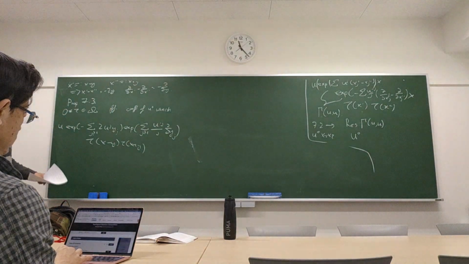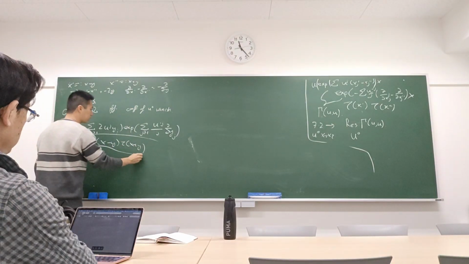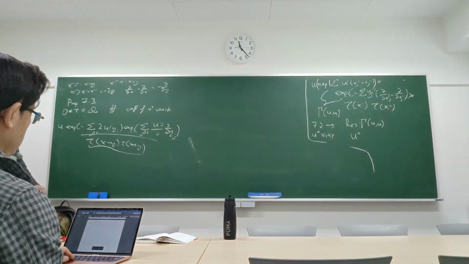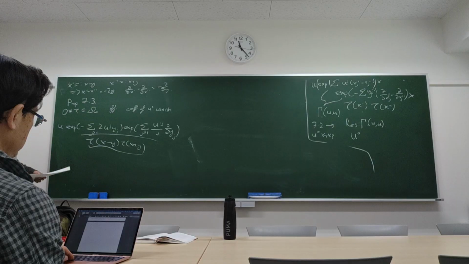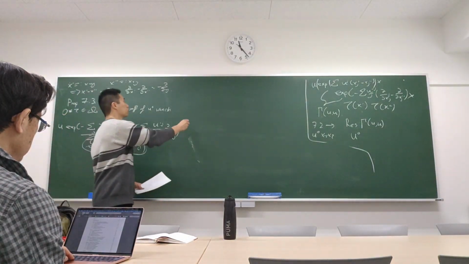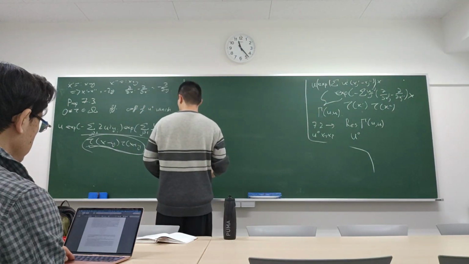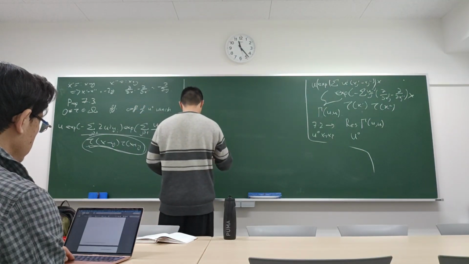So you notice what's going on. Essentially, we have simplified the exponential part by this change of variables, but we have complicated this. And so what we want to do in the next part is deal with this part. It's too ugly. So that's the entirety of the next section we'll be doing.